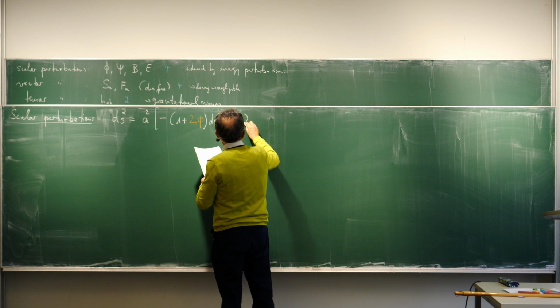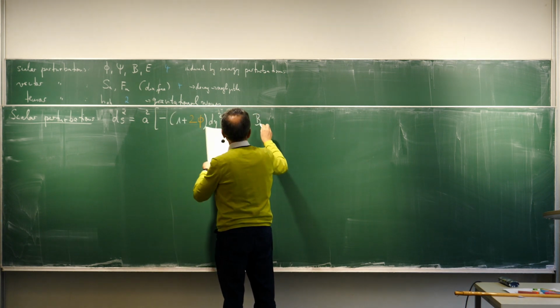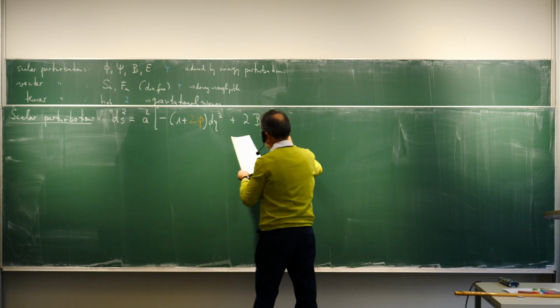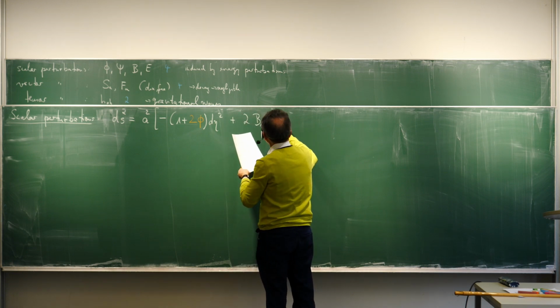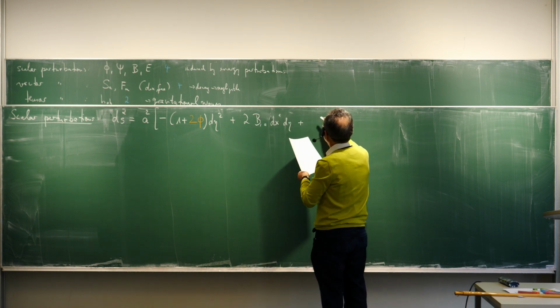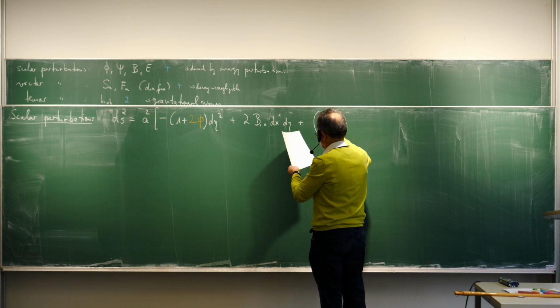Then we have the b here, differentiated in the x^a coordinate direction, dx^a d eta, and then we have the pure spatial part, which is written as follows.